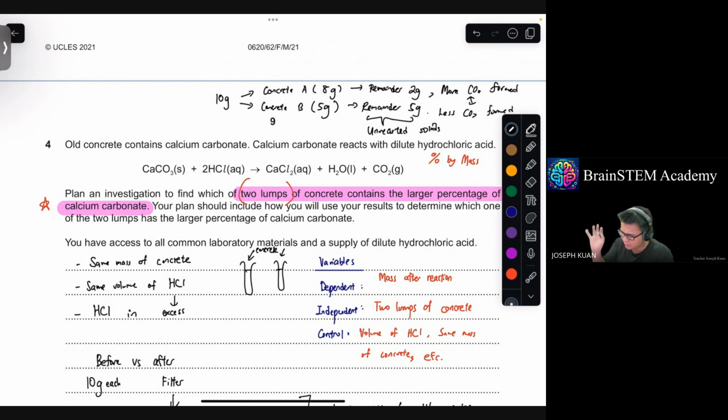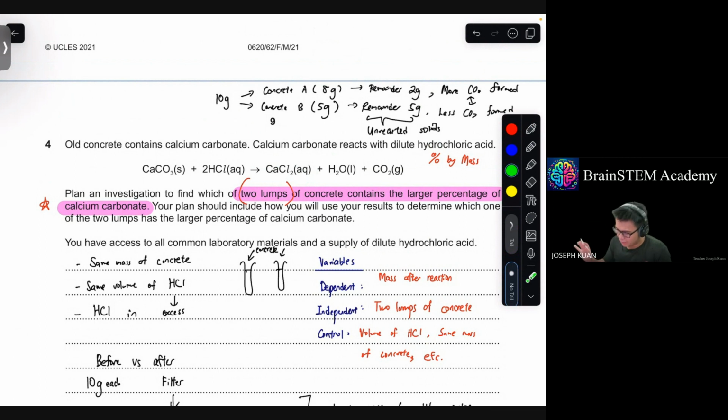Okay, many ways to write about this question. Other than that, you can talk about the mass of the new product. This is also another product that can be measured. Essentially, you just need to evaporate it to dryness, and then see which one produces more. Same concept as the carbon dioxide gas.